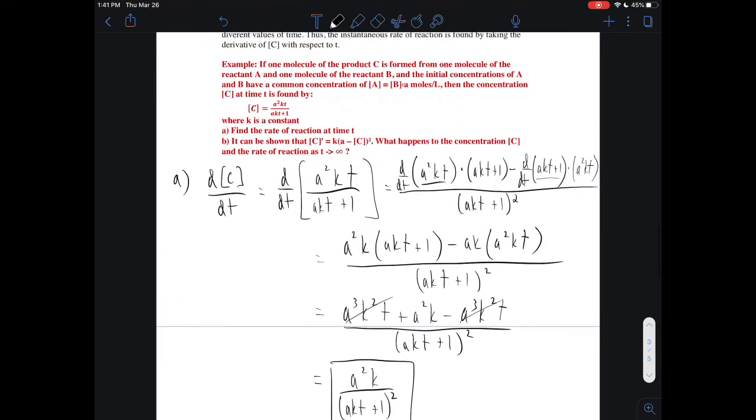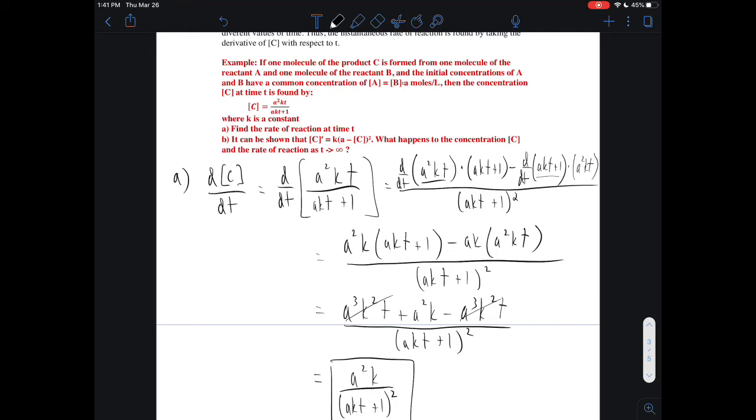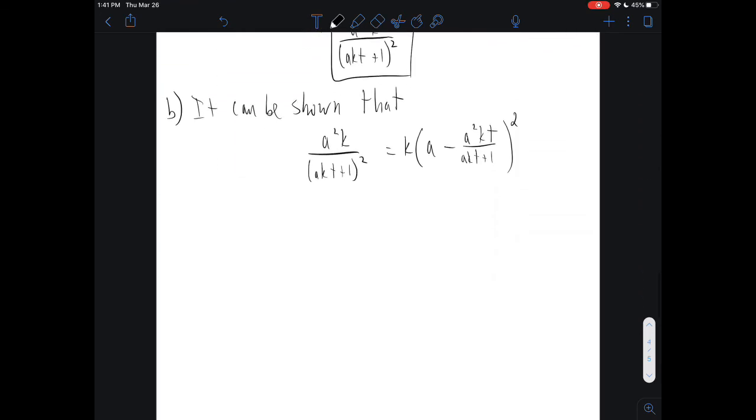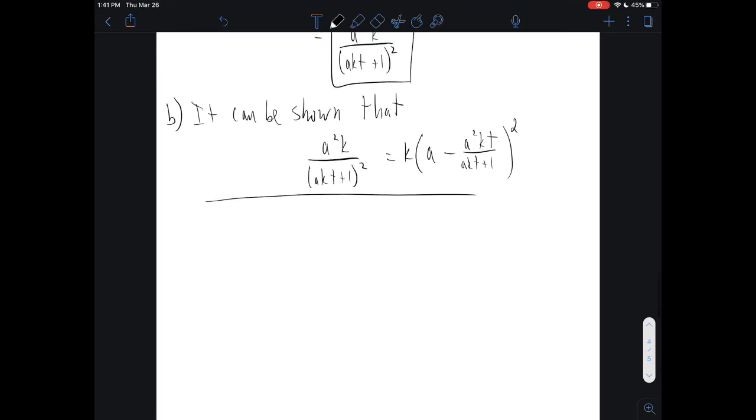But with that in mind, we then just want to answer a couple questions. What happens to the concentration C and the rate of reaction as t approaches infinity? So let's just write these things down. First of all, concentration C. Again, that was the fraction a squared kt divided by akt plus 1.